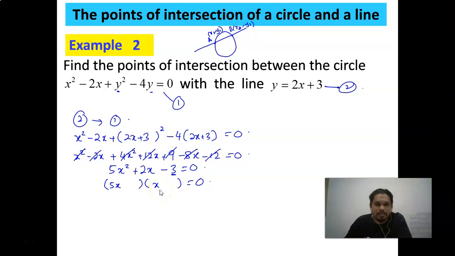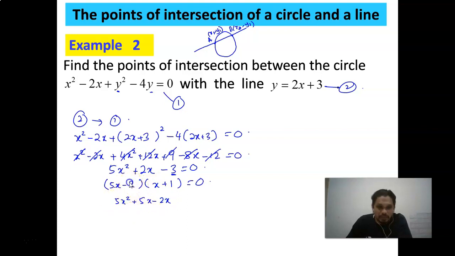Do you have any idea? 5x times x, 5x squared. 5x times 1 equals 5x. Negative 2 times x, minus 2x.